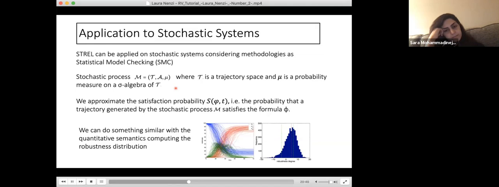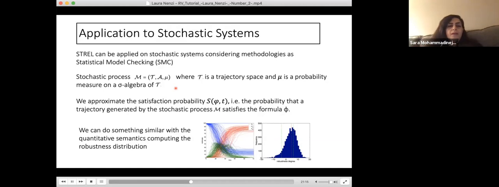So statistical model checking combines this simulation of the stochastic system with a monitoring routine for the property phi, the ones that we have seen before, on each single trajectory. So the idea is that a stochastic process can be described as the set of all possible trajectories that it has, so the trajectory space.